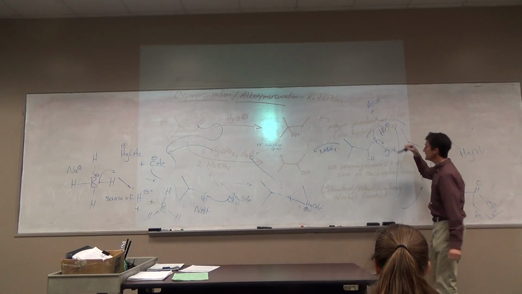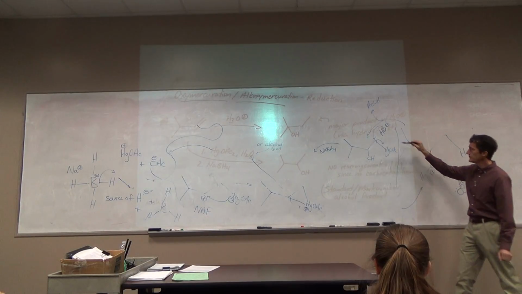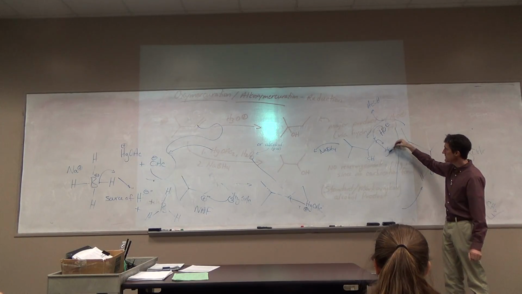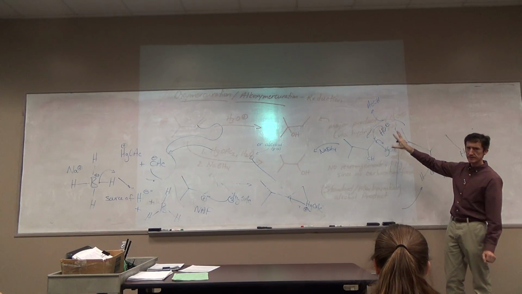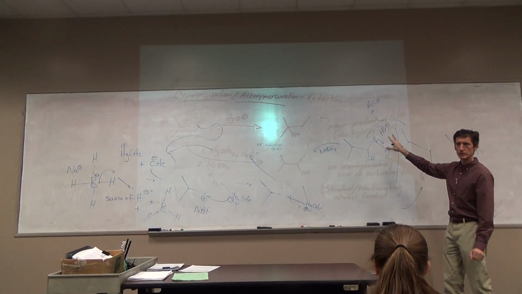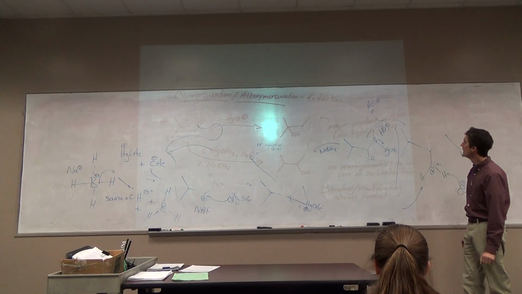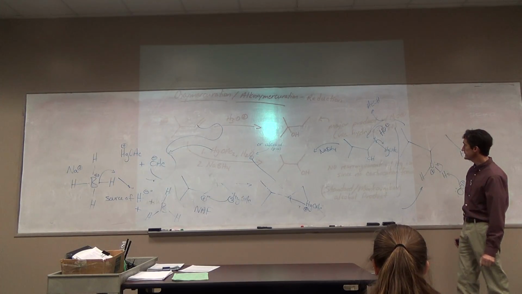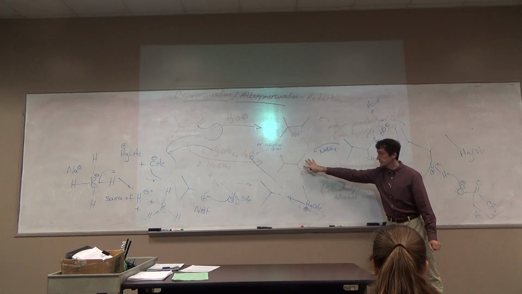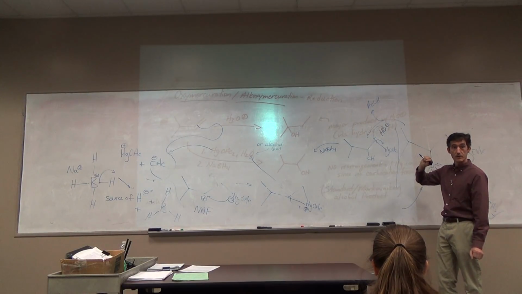But again, this is probably not the mechanism. The mechanism probably involves the H maybe interacting with the mercury, or it may be a radical. But I'm going to show you like this because this is going to be more useful going forward. Everybody see? Doesn't that give this product? We're home. There we go.